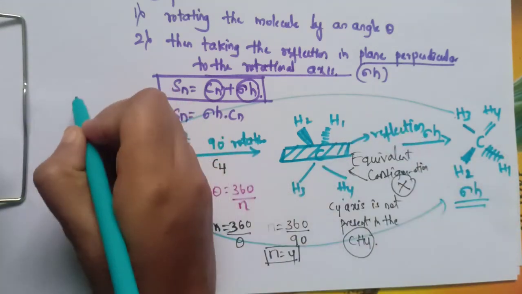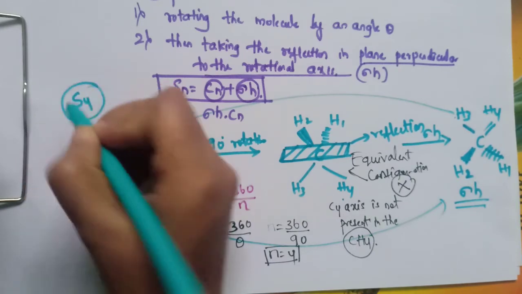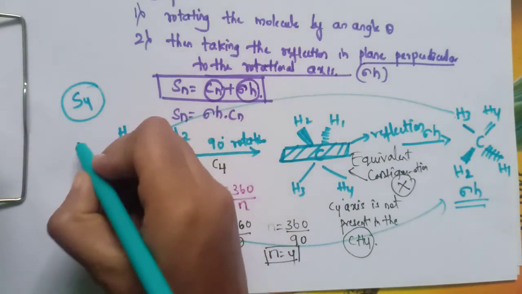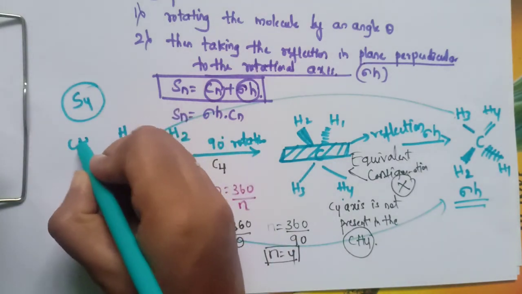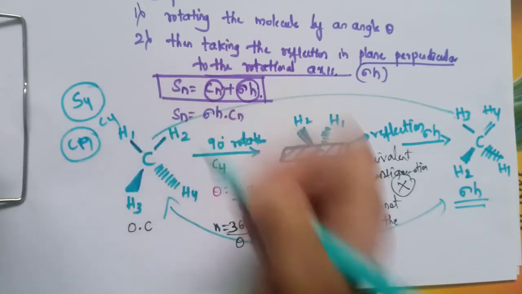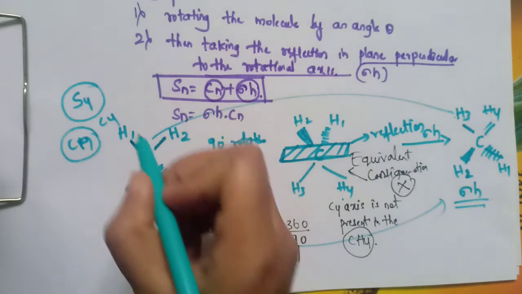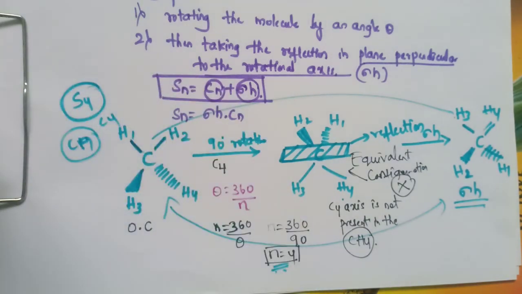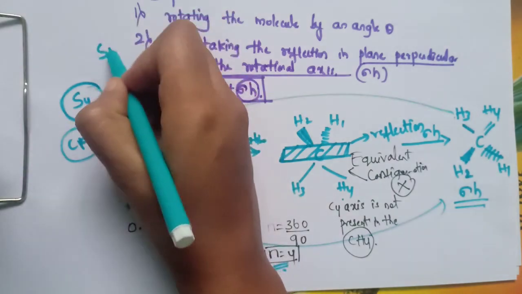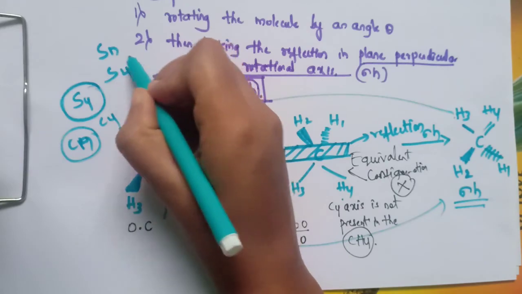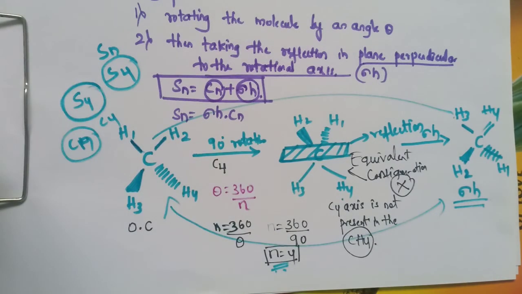That means an S4 improper rotational axis of symmetry is present in this molecule, but methane does not contain a CN axis of rotation, that means it does not contain C4. We have seen the N value is 4, so it does not contain any C4, but it contains S4, that is, an improper rotational axis of symmetry, SN. So the value of N here is 4, so here an improper rotational axis of symmetry is present in the methane molecule.